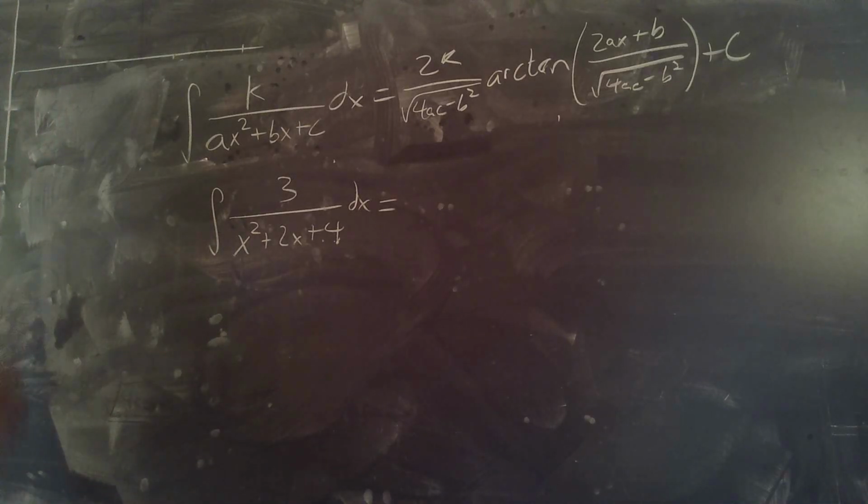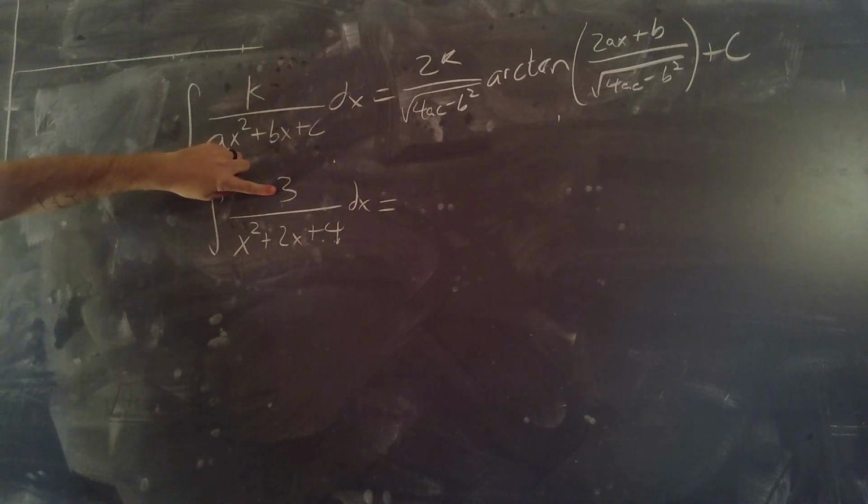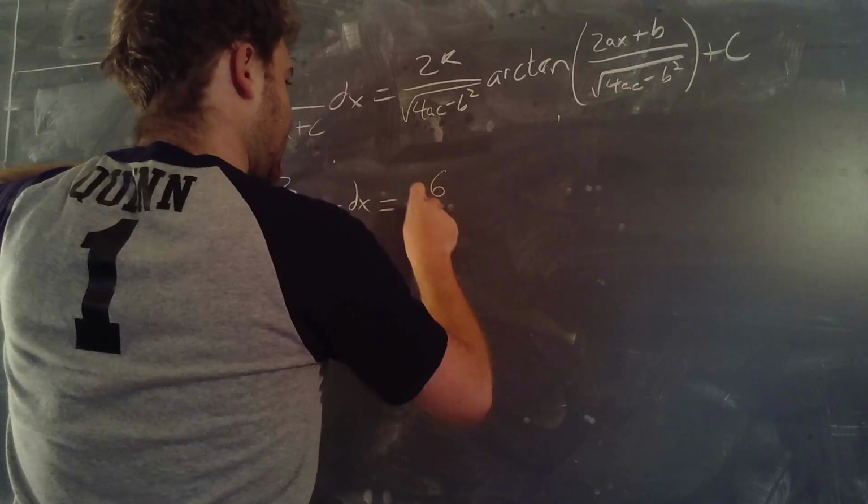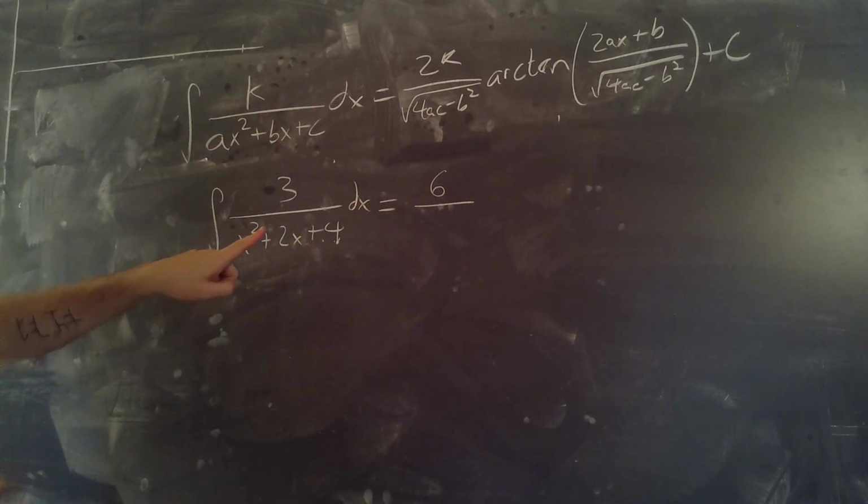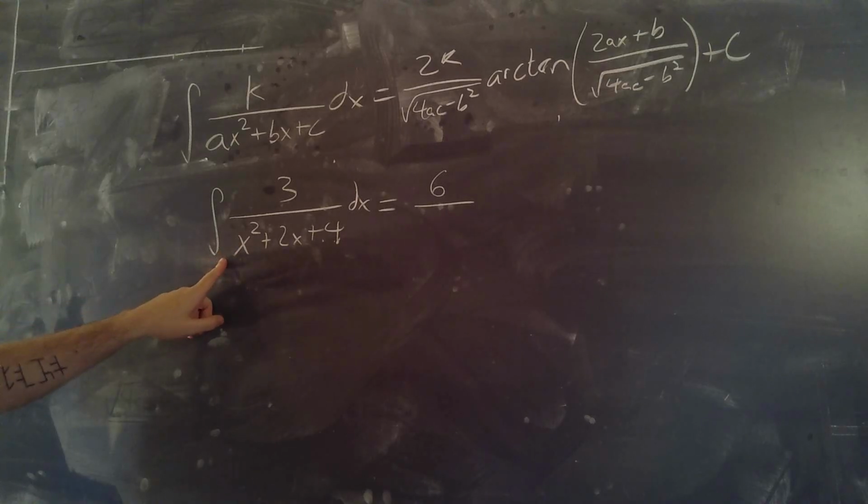Now this formula is obviously really powerful. We have another unreducible quadratic here. This is x squared plus 2x plus 4 on bottom and a 3 on top, and we'd like to integrate this thing. So we know what the formula says to do. We're going to have 2 times the constant out here, which is 6, over, and then we'll have the quadratic discriminant, which is b squared minus 4ac.